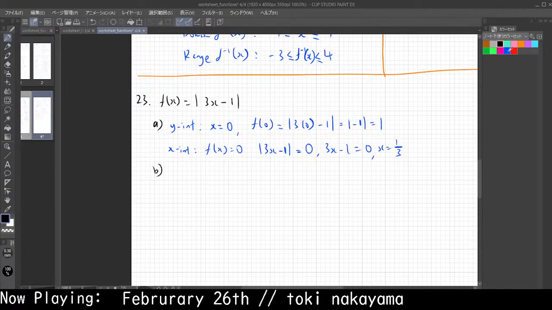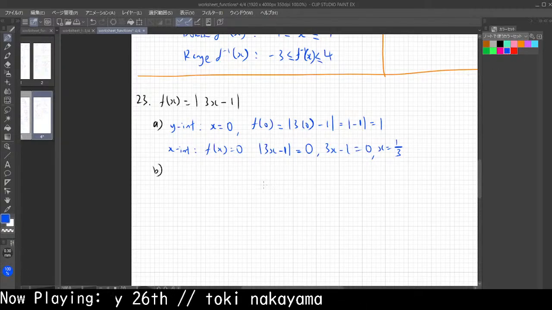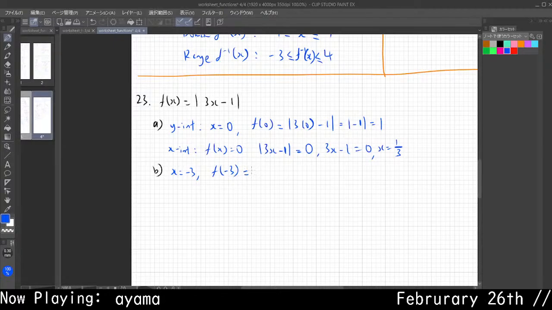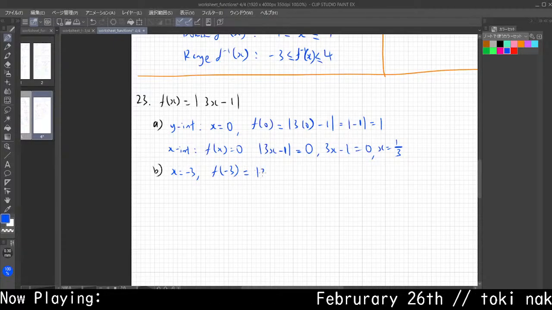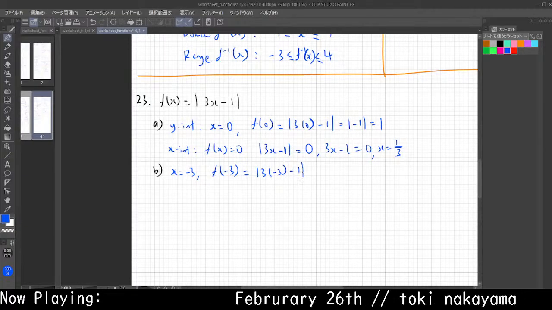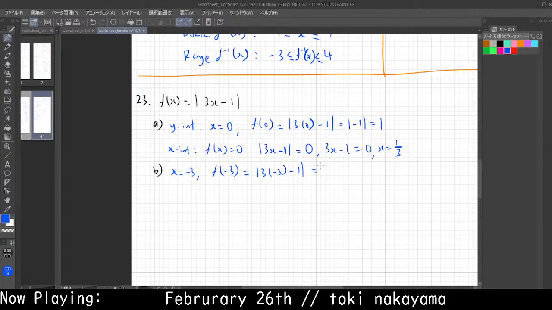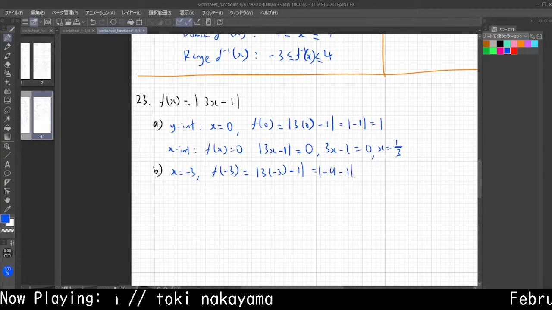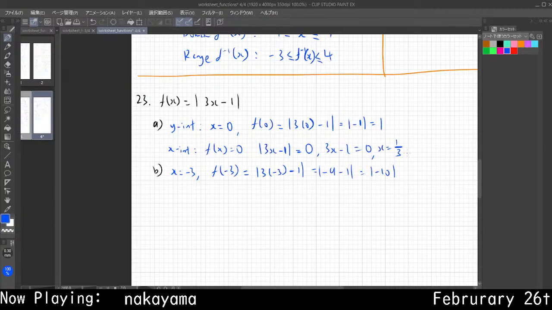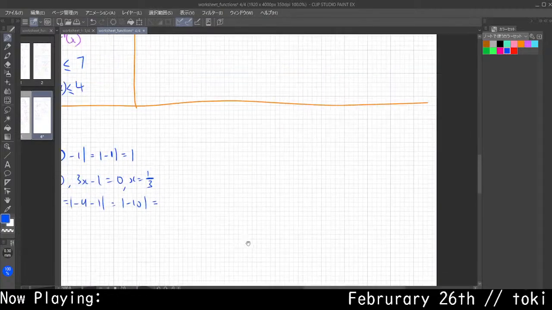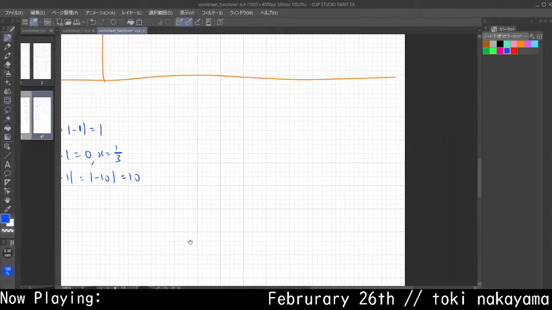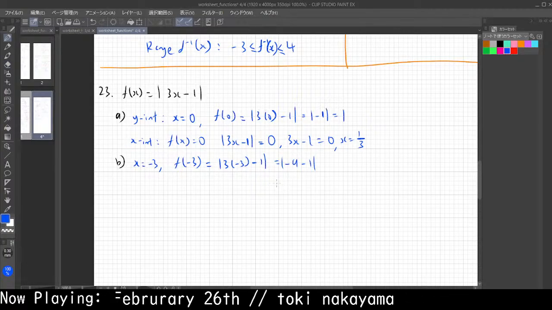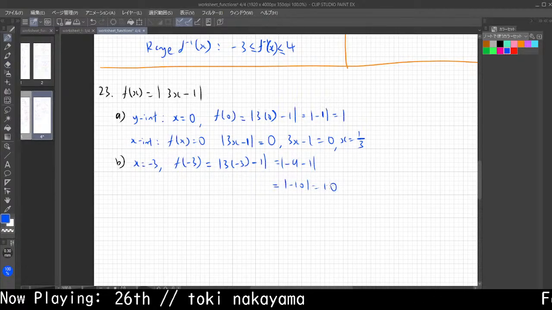B, sketch a graph for the domain negative 3 to 7. When x is negative 3, f(negative 3) will be equal to the absolute value of 3 times negative 3 minus 1. 3 times negative 3 is negative 9, so negative 9 minus 1 gives the absolute value of negative 10, which is 10.